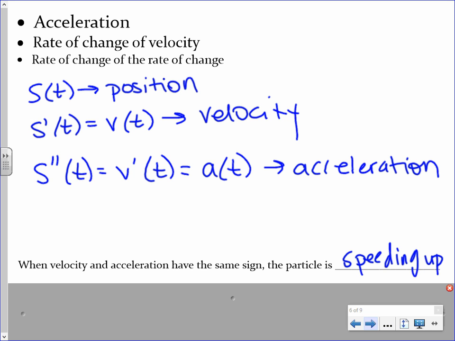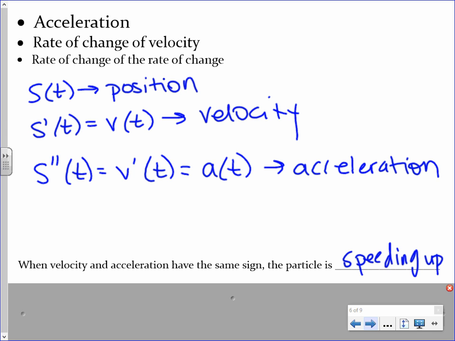Think of hitting the gas pedal on your car. If you're at a stop, you hit the gas pedal, you're moving forward, and your acceleration is positive because you're gonna go faster, right? Now, think about this. You're driving along 370, you get to the stoplight, you have to put on your brake.